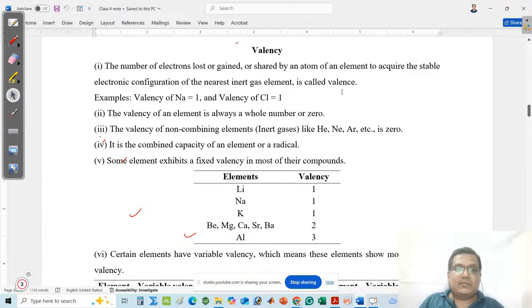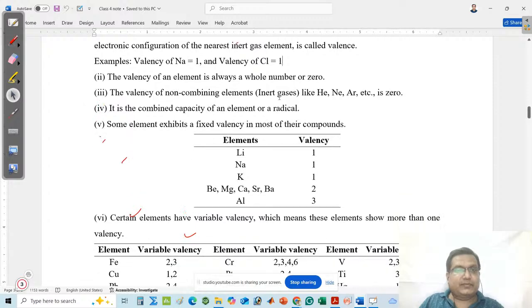Valency is nothing but the number of electrons lost or gained or shared by an atom of an element to acquire stable electronic configuration. For example, valency of sodium is 1 because it lost one electron. Similarly, valency of chlorine is also 1 because it gained one electron.